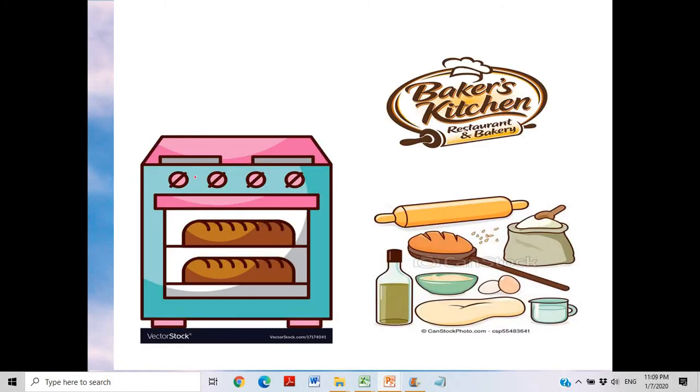For better illustration of the short run and long run, let's say we are a bakery. You are a baker. This is the oven and these are the ingredients, to make in this case the bread.